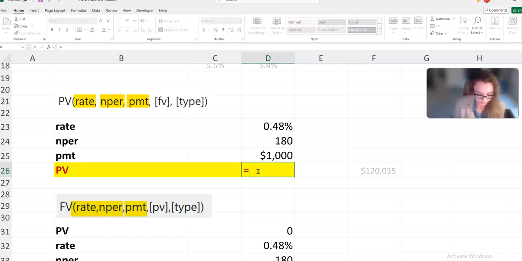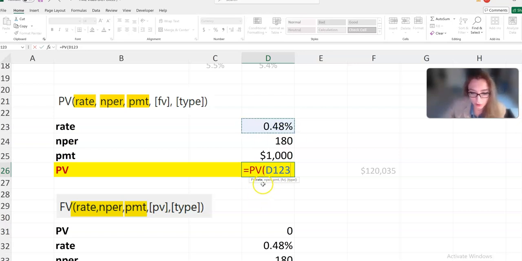Equals sign, present value. We see the, not to be mistaken, let's left double click with the mouse on PV, and we get a prompt right away which values to put first, second, third. So the first one is rates. Here's our rate.